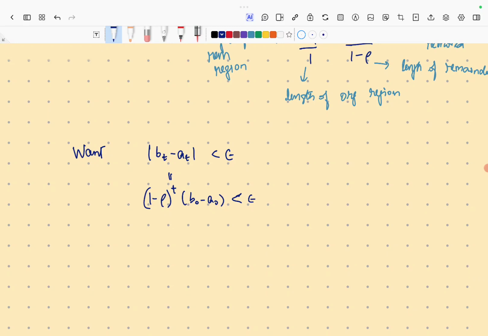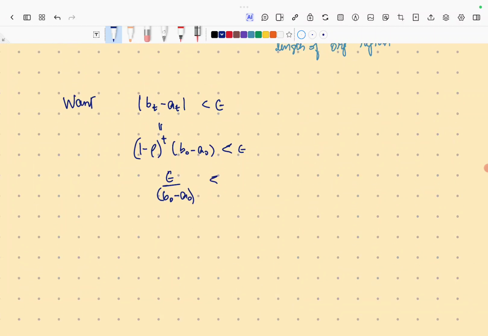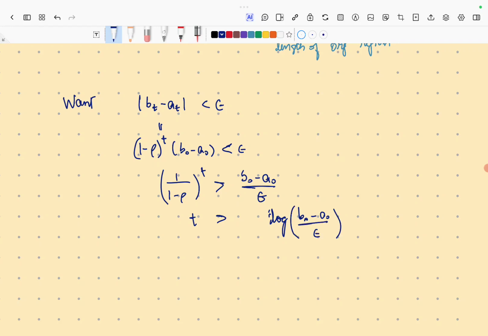If you rearrange, epsilon divided by b0 minus a0 should be greater than (1 minus rho) to the power t, or (1 by (1 minus rho)) to the power t should be greater than (b0 minus a0) divided by epsilon, or t should be greater than log of (b0 minus a0) by epsilon.